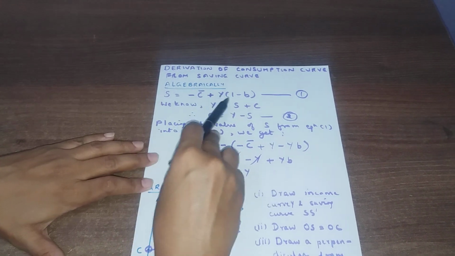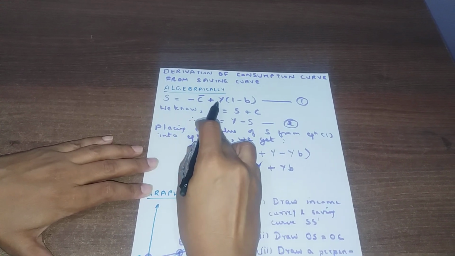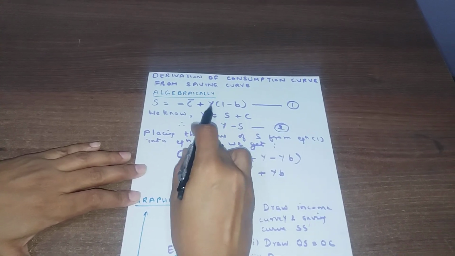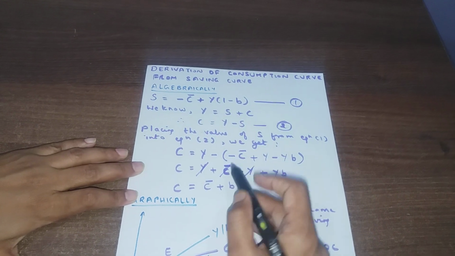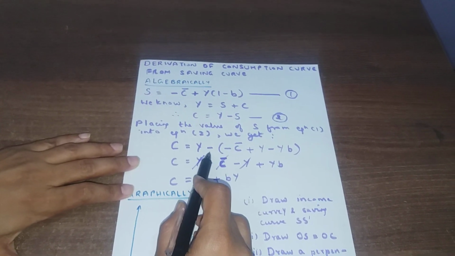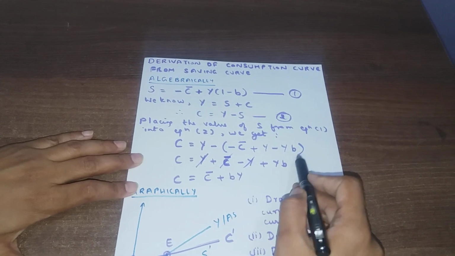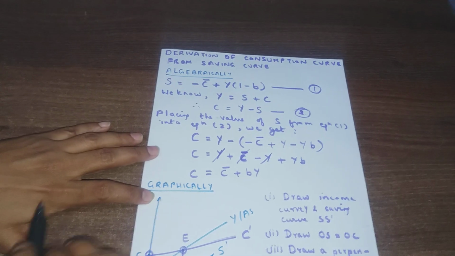This is my equation 2. What it contains, 3 terms. What I have done actually, I have multiplied Y into 1 as Y and Y into minus B as minus YB. And as these were 3 terms and it was preceded with a negative sign, I have placed a bracket here. On opening the bracket, everyone's sign are changing.